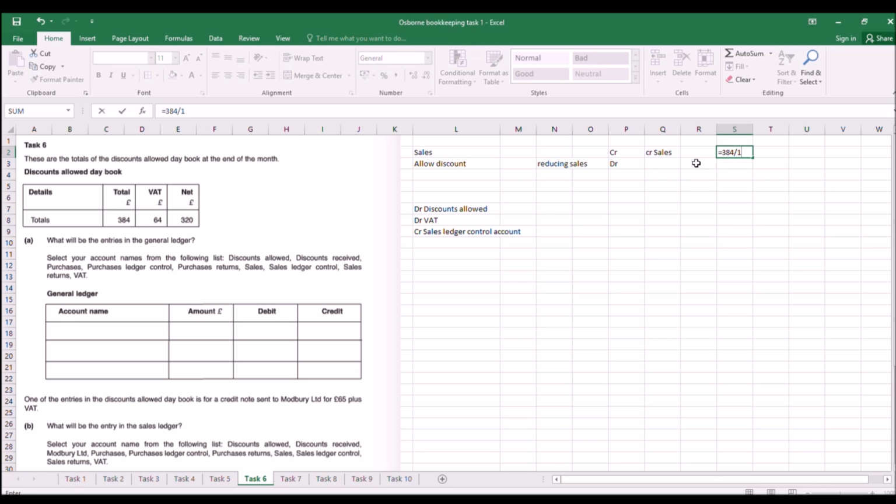So divide that by 1.2. So our credit sales are £320. That would be our net sales position. We would have owed HMRC 20% of that. So we owe them £64, and our customer will be paying us in the sales ledger control account.